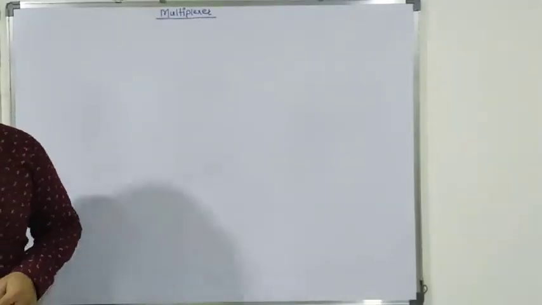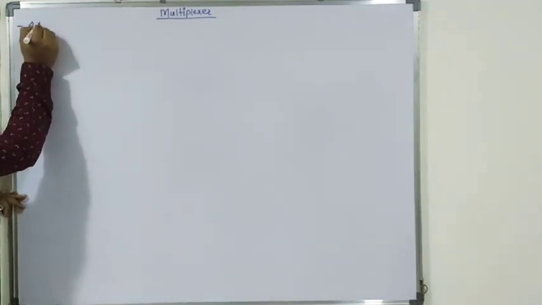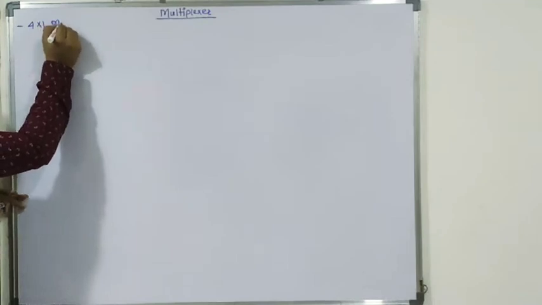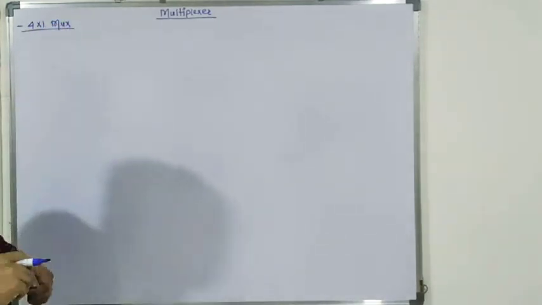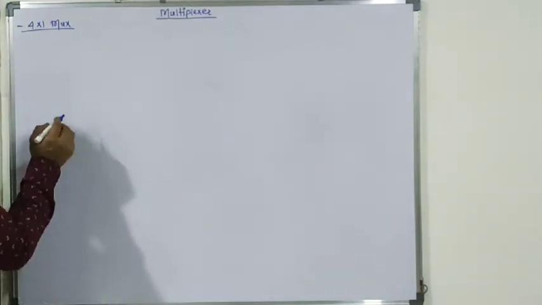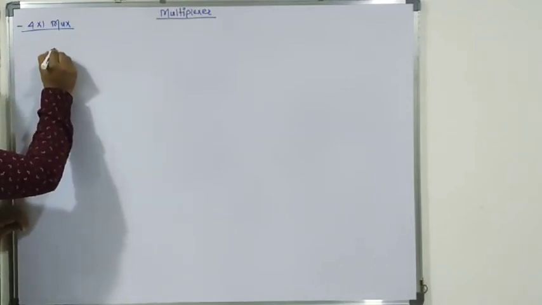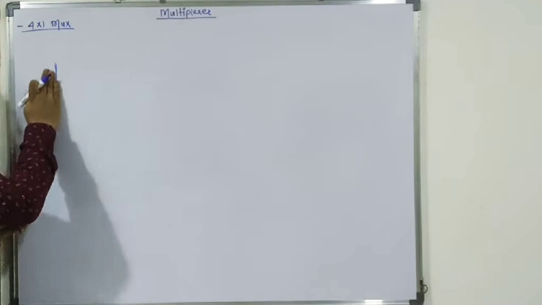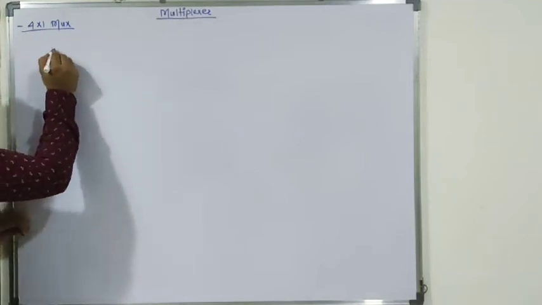Next is your 4:1 multiplexer, commonly called a mux. Again, first we'll discuss the block diagram of this 4:1 multiplexer.